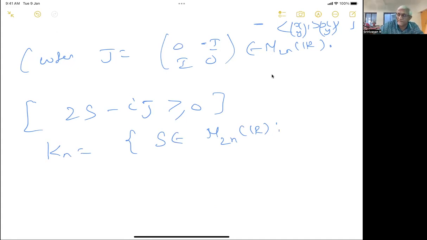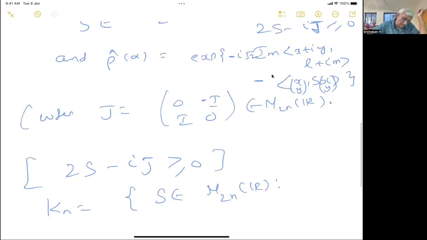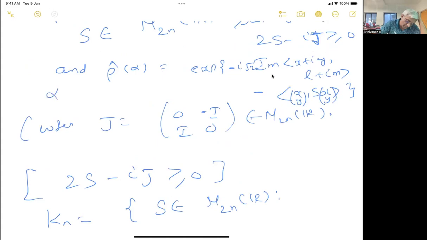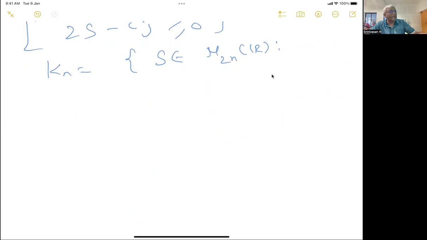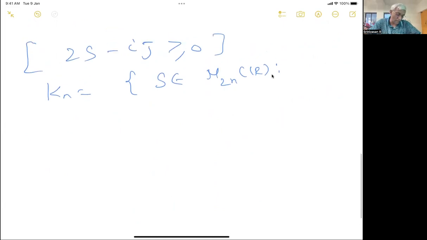The so-called mean, this (L, m), is the mean vector. So this alpha is in C, and there is no condition about that. So the condition is only on the covariance matrix: 2S minus iJ is greater than or equal to 0.